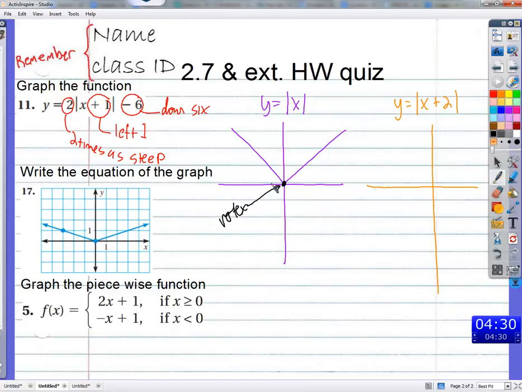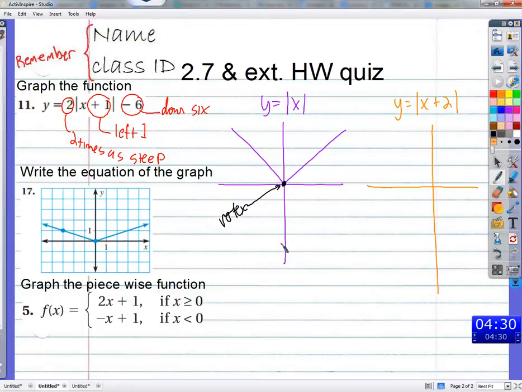And if you go to the left of the vertex, you go over and you go up some, and over and up some, and over and up some. Right? So this vertex is like this nice, central, helpful way of looking at the graph. And it has symmetry about the vertex, and it has all sorts of good things about it.